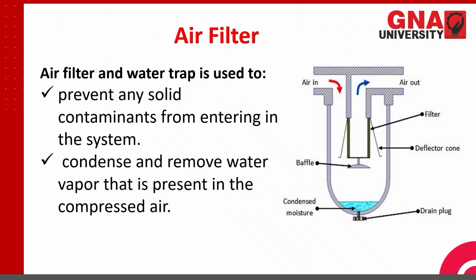And if this air is directly used in our fluid power systems, then the components of the fluid power system will be very prone to breakdown. So to prevent any solid particles, solid contaminants from entering the system, we have to separate out those particles, and that can be done with the help of the filter.